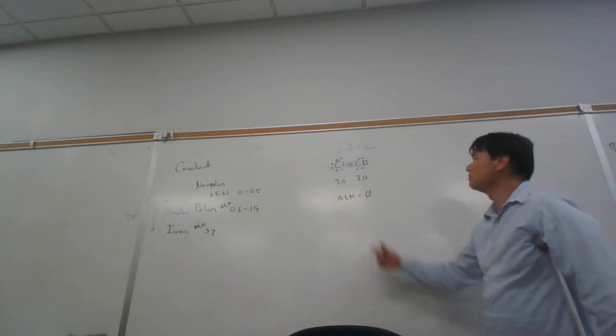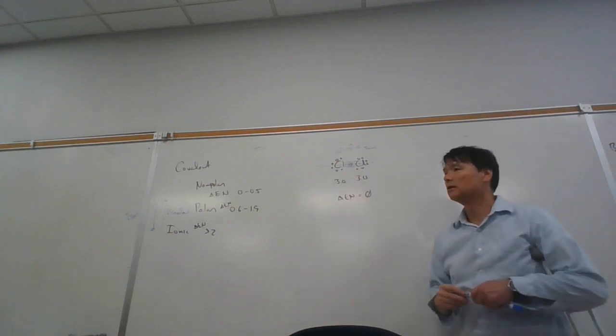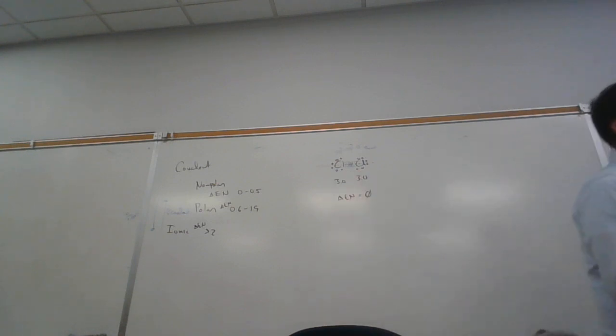How strong is this bond? Let's take a look at how strong that bond is. Here for metals, we like to look at the melting points, let's say. We could also look at the bond energies, but for covalent bonds, we like to look at the bond energies.